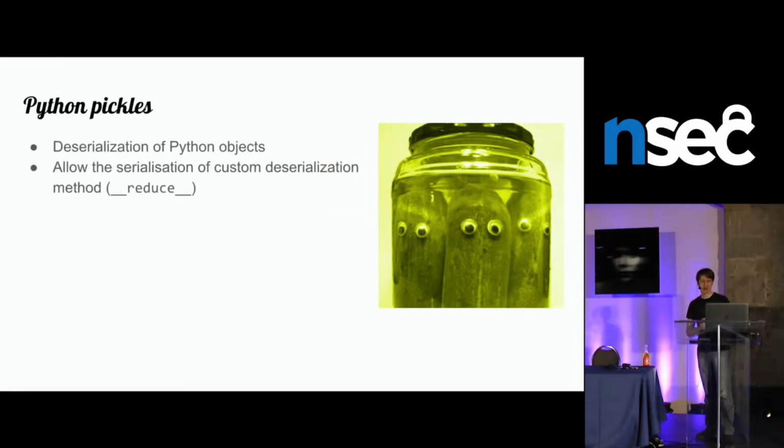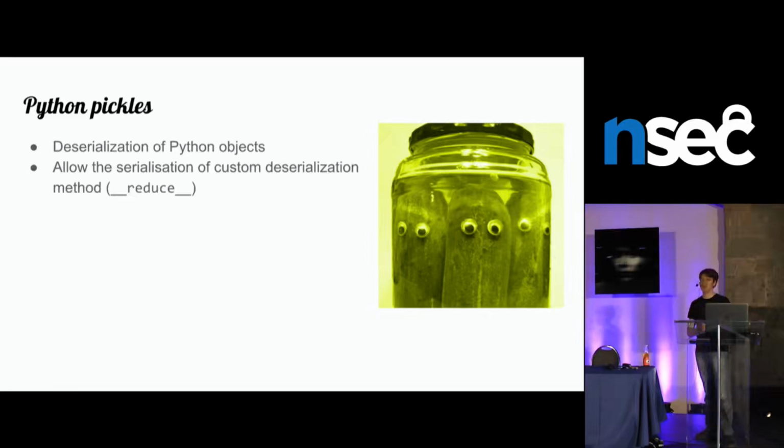In Python, it's also a bit different. There's pickle, which is highly documented as something you shouldn't use in a remote API, but you'll find it not that often, though more often in CTFs. The interesting part is the reduce method.